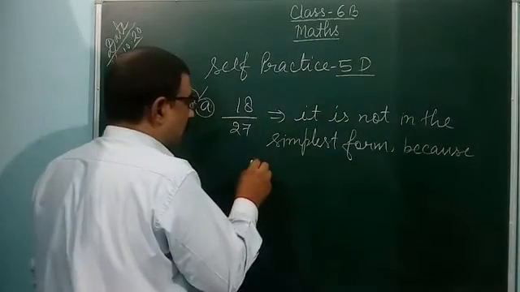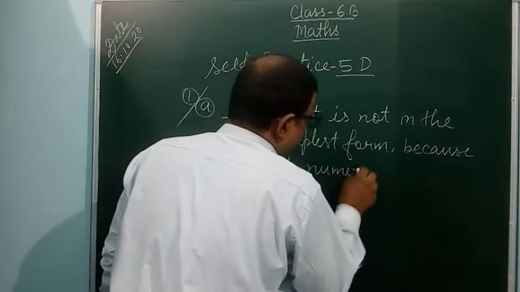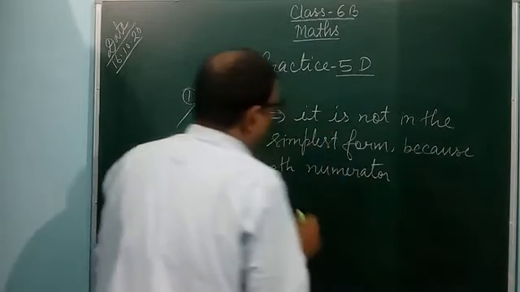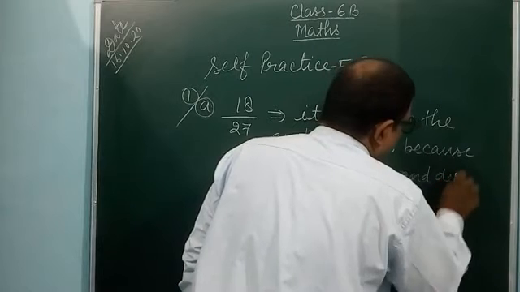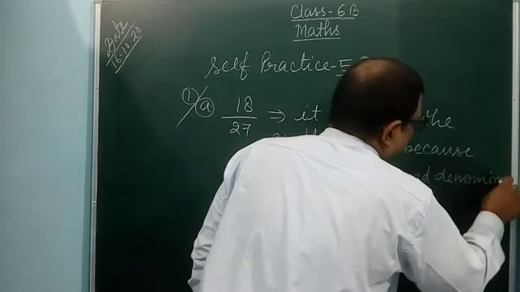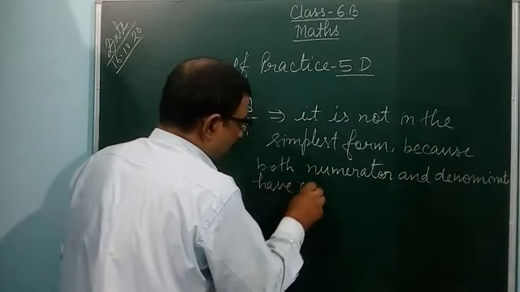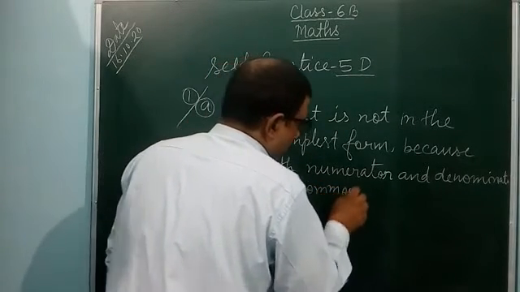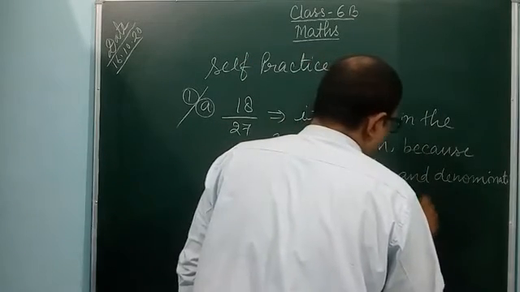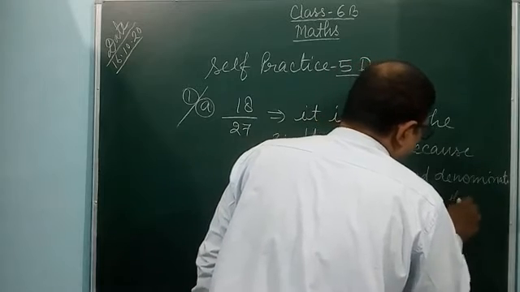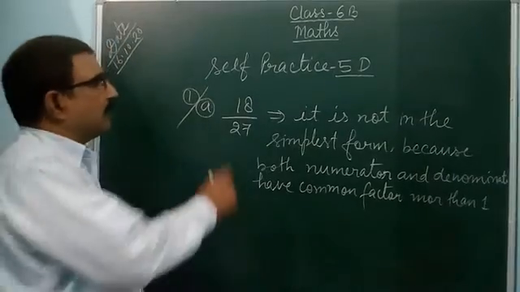Because both, numerator means 18, numerator and denominator have common factor more than 1. So it is not in the simplest form.